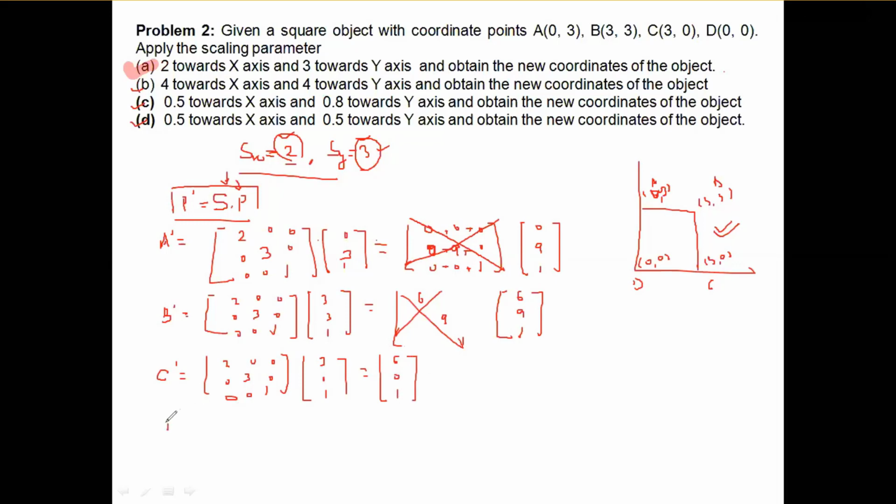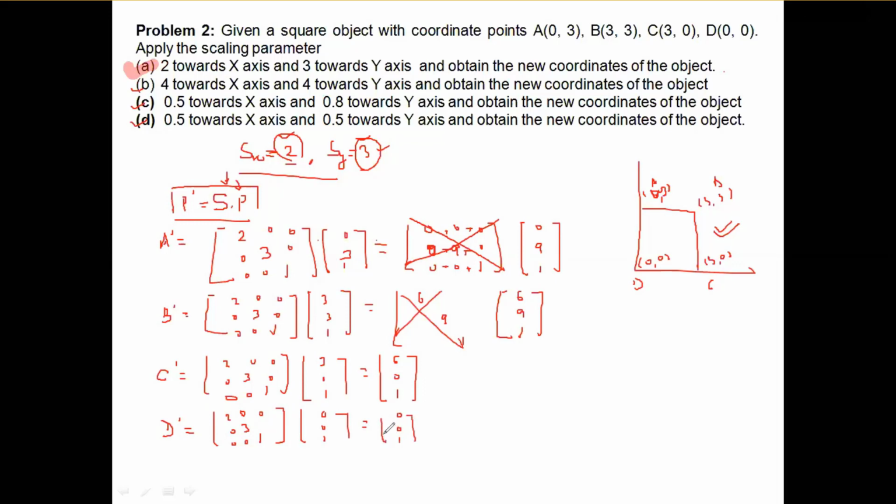Now calculate D dash. Same, write the scaling matrix 2, 3, 1, the rest of the values are 0, and the old point of D is 0, 0. You will get 0, 0, 1.